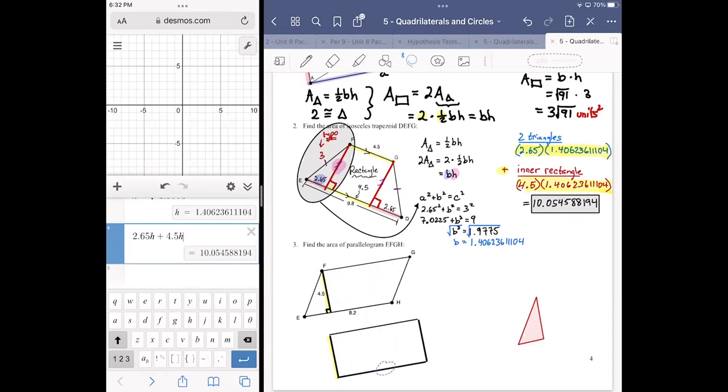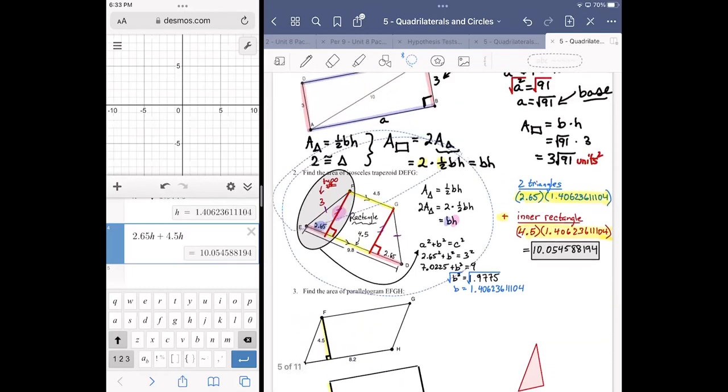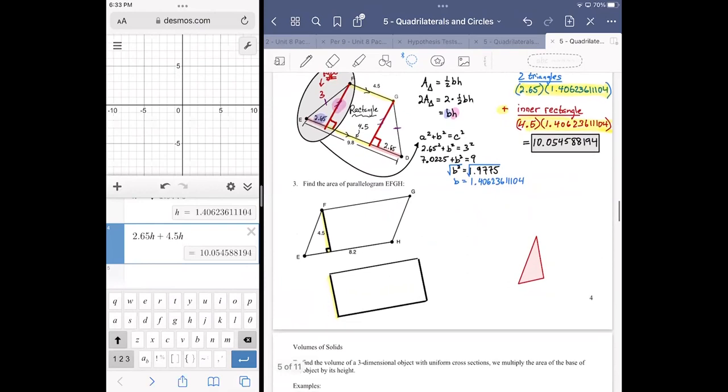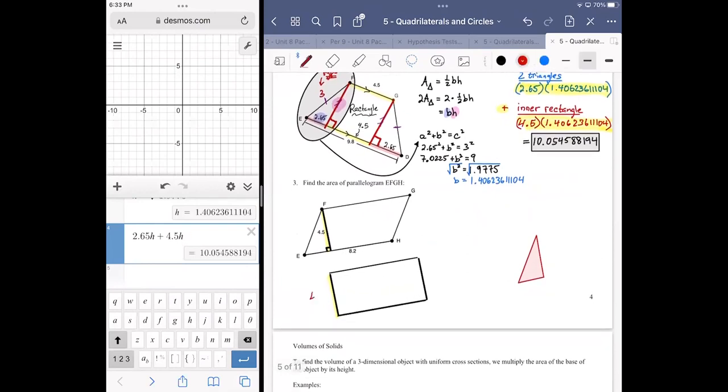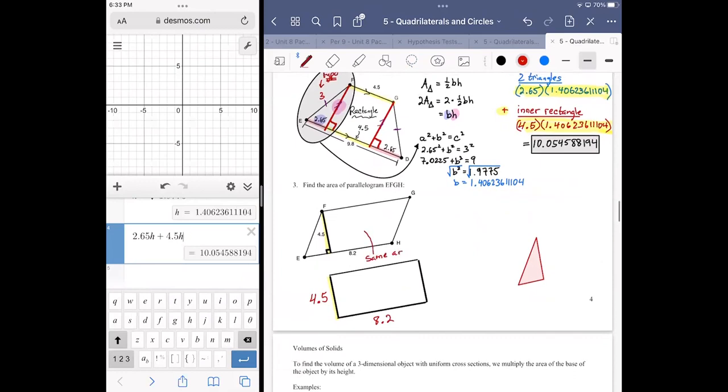The bottom line is I can do all the crazy work that I did up here, or I can say, well, if the height is 4.5 and the width is 8.2, and these two figures are going to have the same area, then I would just figure out the area of the corresponding rectangle rather than worrying about the parallelogram itself.